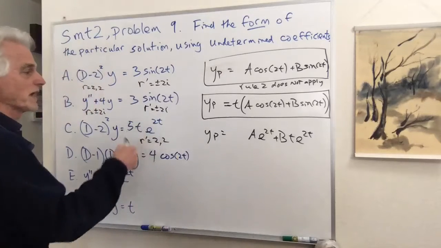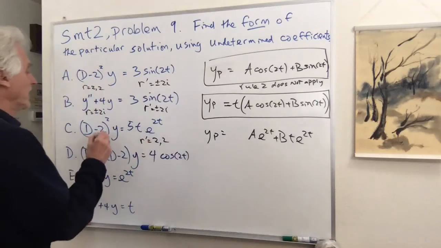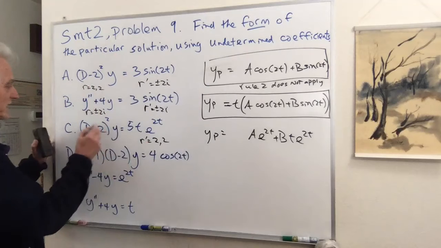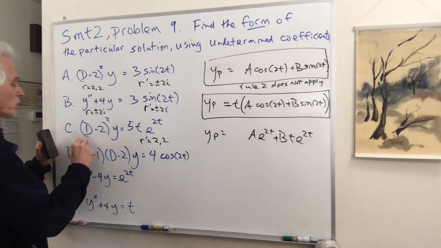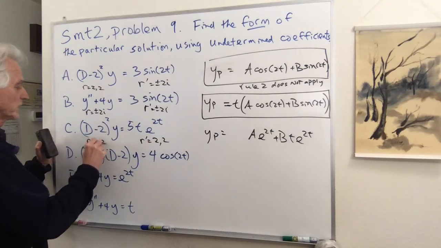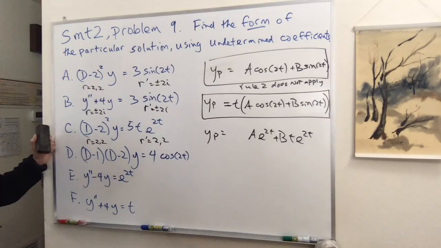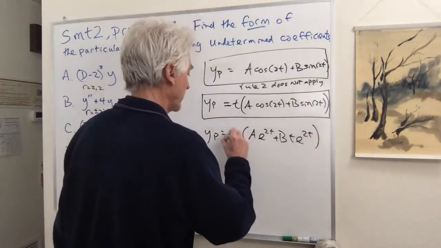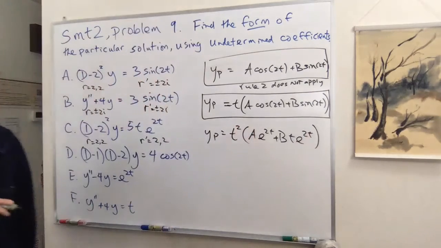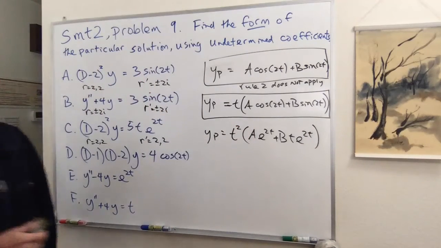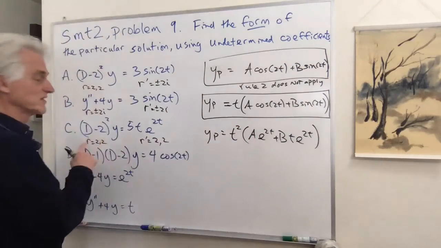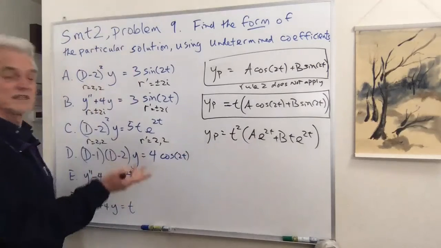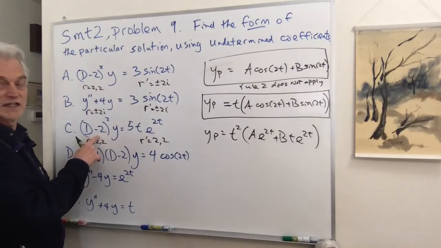Now the question is, do I have to modify that? And here I have to modify it with spades, because look at this. The roots here are r is 2 and 2, right? So that means I have to multiply this by t squared, right? Because if I plug in e to the 2t, the left-hand side, I get 0. If I plug in t e to the 2t on the left-hand side, I get 0.